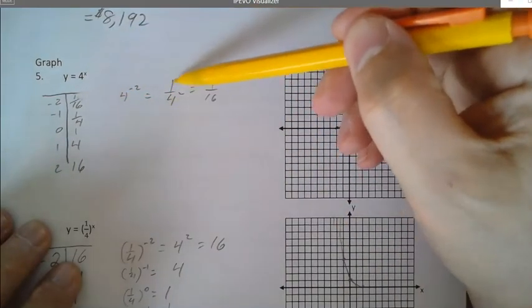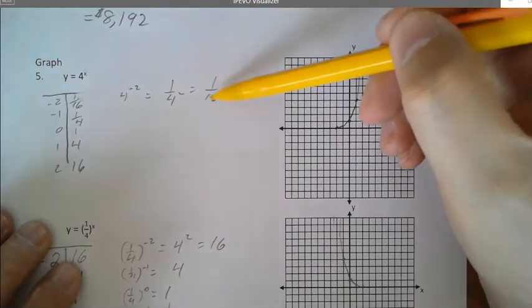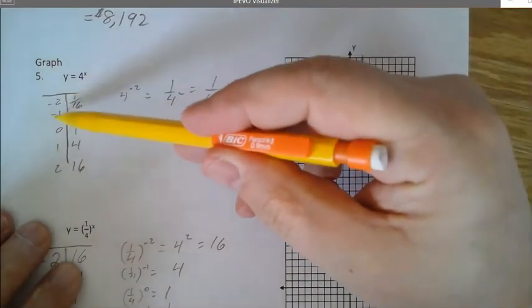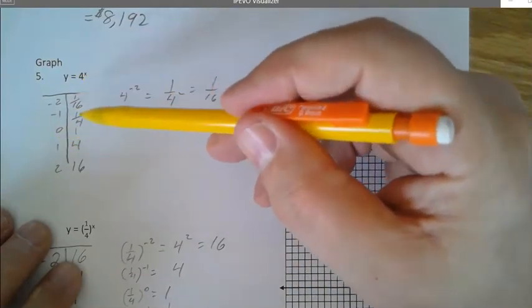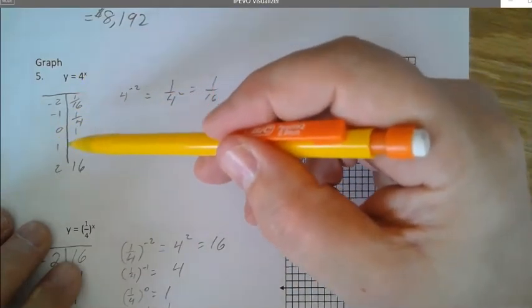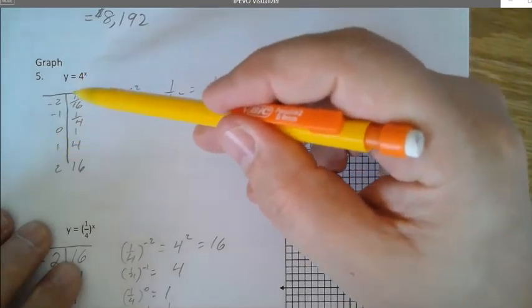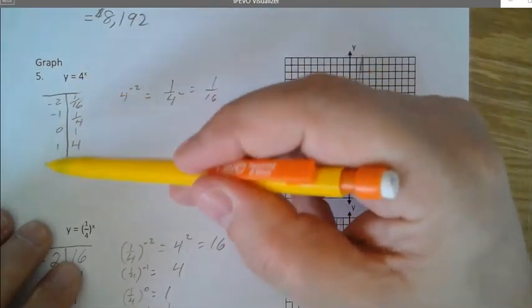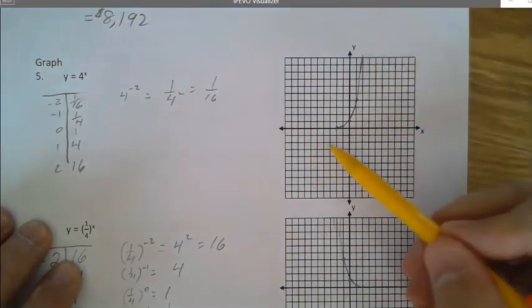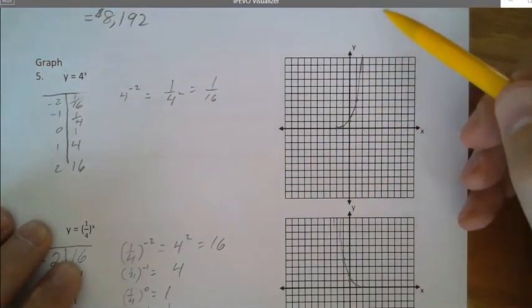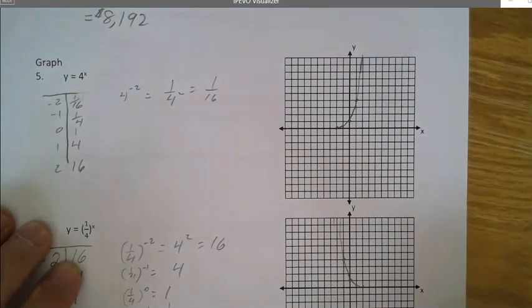So it'll be 1 over 4 squared, which is 1/16. Do the same thing with negative 1. It'll end up being 1/4. 0, anything to the 0 power is 1. And then 4 to the first is 4, and 4 to the second is 16. And your graph over here, where I don't have the 16 value up here. Okay, so that's how you graph it.